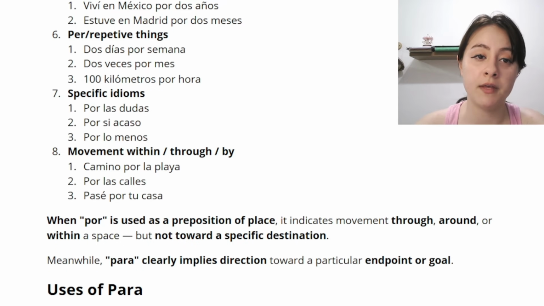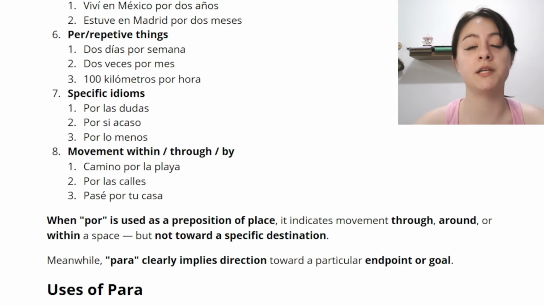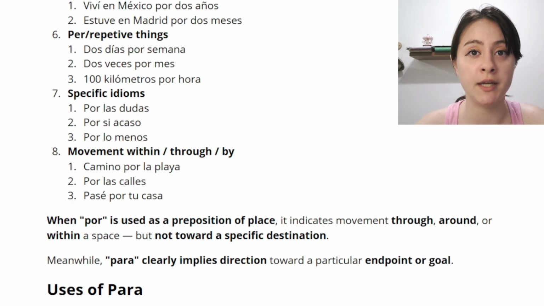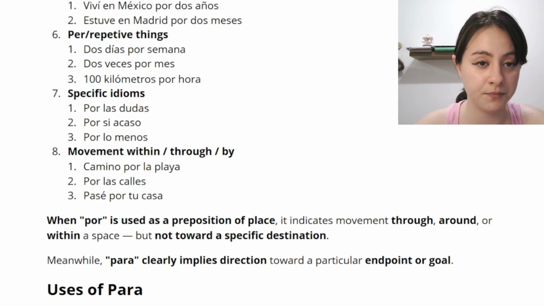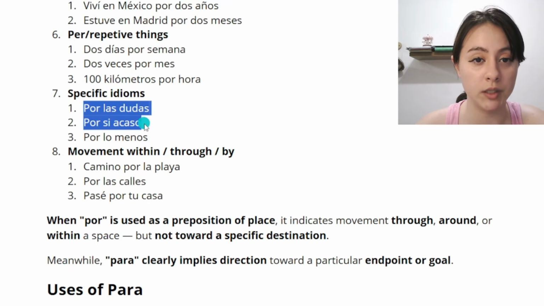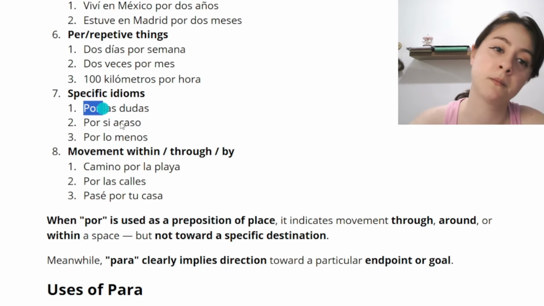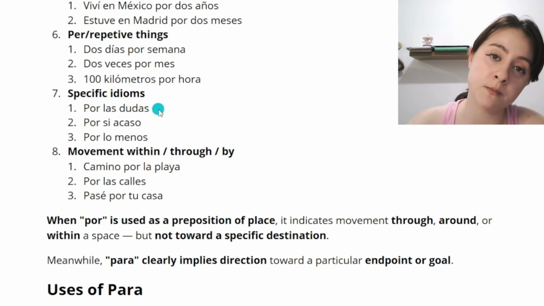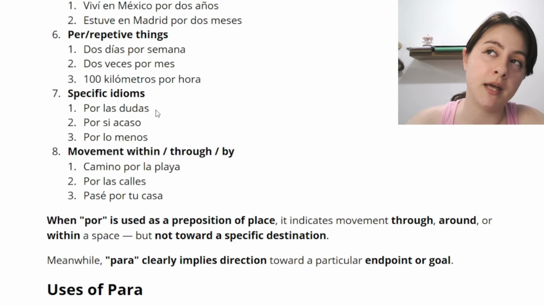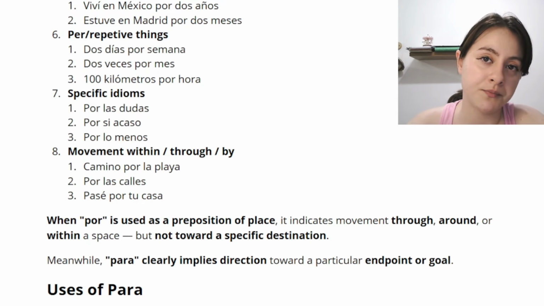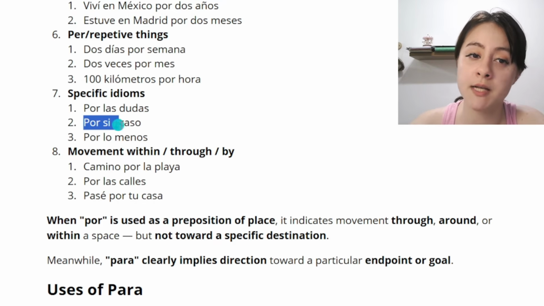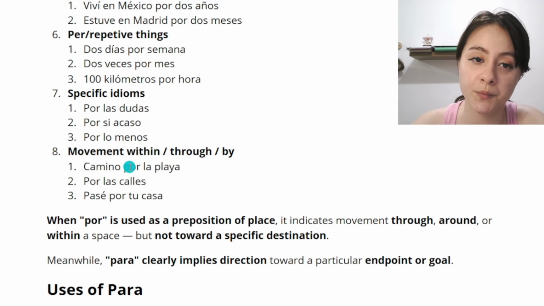The seventh case, por is involved in several idioms or phrases in Spanish that you should memorize, since all of these words are used together. Por las dudas means something like just in case. It's the same meaning as por si acaso.